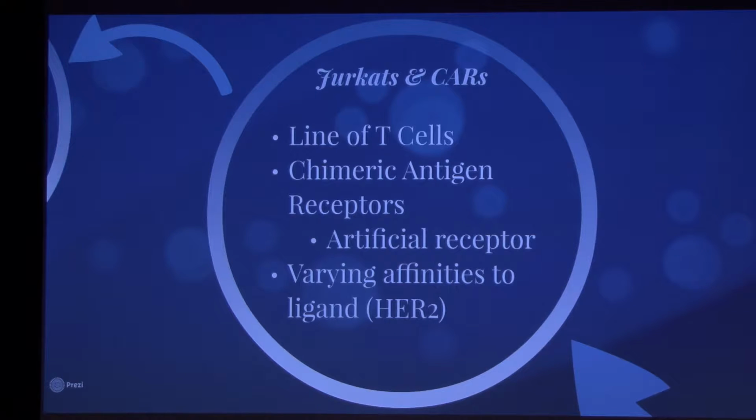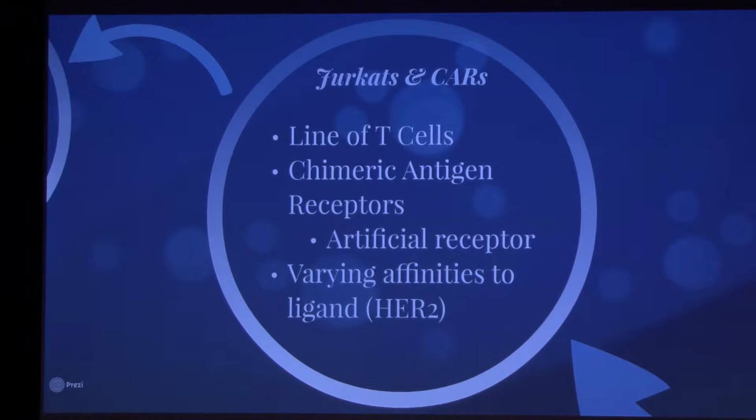These experiments were mostly done with a line of T cells, so we weren't taking actual T cells from a human being for most of them. They were done with this long-lasting line of T cells. I think they originate from a cancer patient. To control the amount of signaling, we used our own artificial receptors, called chimeric antigen receptors. These receptors had varying affinities to a specific ligand.